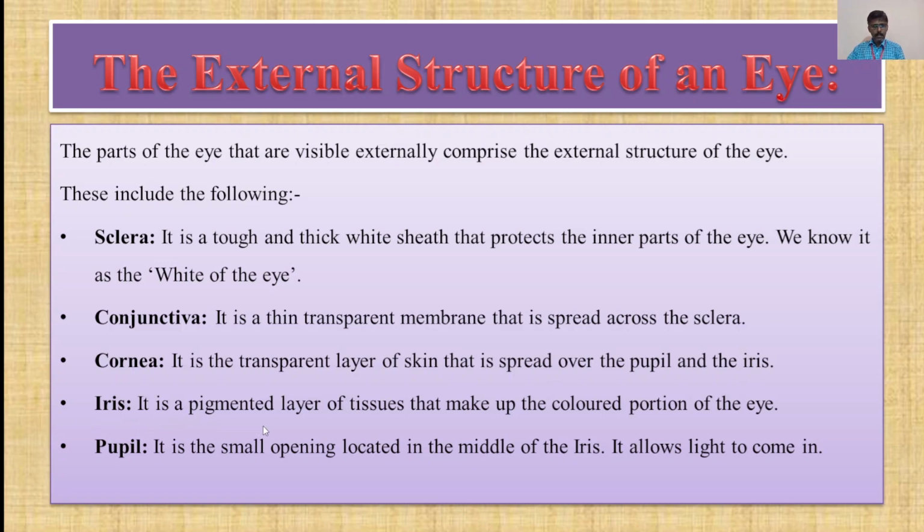It is a pigmented layer of tissue that makes up the colored portion of the eye. And the next part is the pupil. It is the small opening, as shown in the previous diagram, located in the middle of the iris. It allows light to come in. Now this is the external structure of an eye.